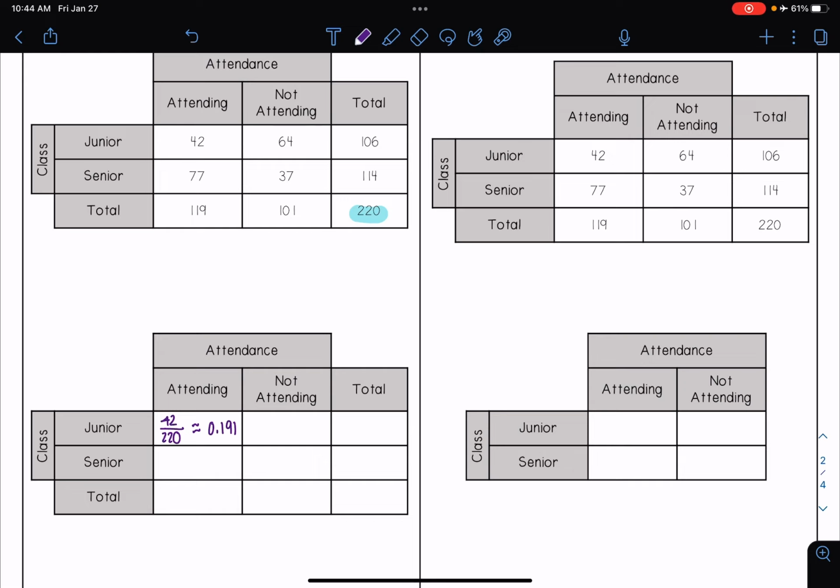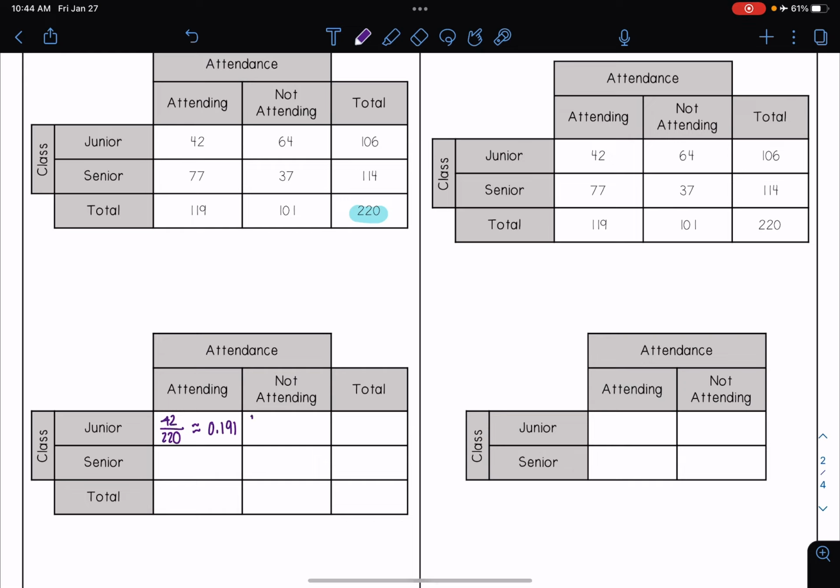So the next one, the number of not attending is 64 that I see up here, divided by 220, and that is approximately 0.291. And then 77 divided by 220, and that is approximately 0.35. Or sorry, not approximately, that one's actually equal to 0.35.